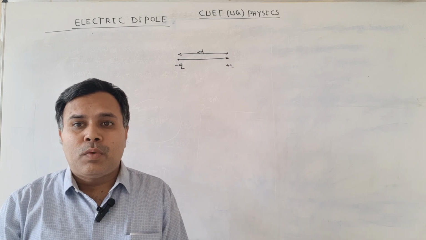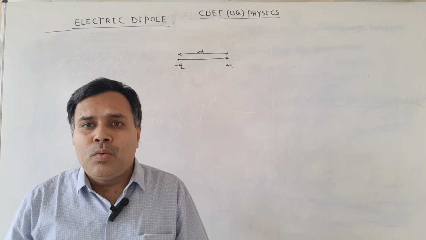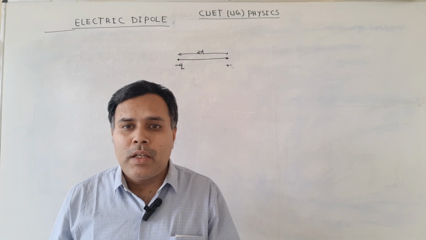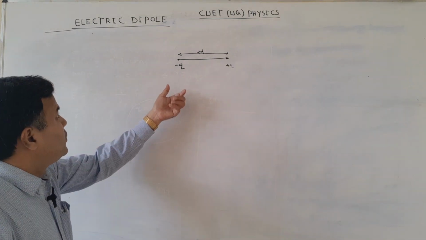So the first question is, what is an electric dipole? An electric dipole is an arrangement of two equal and opposite point charges which are separated by a certain distance, let's say 2d.